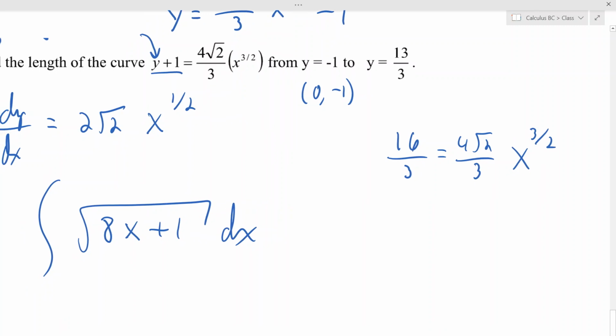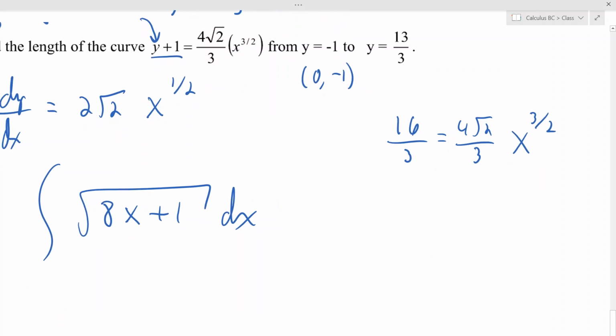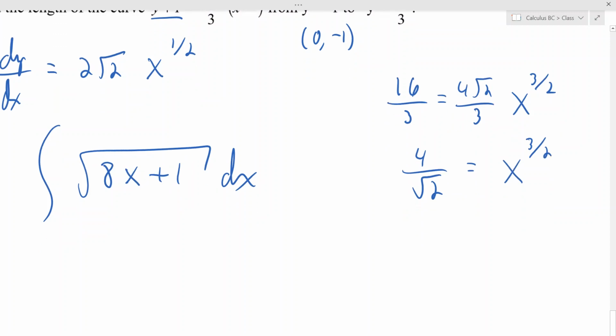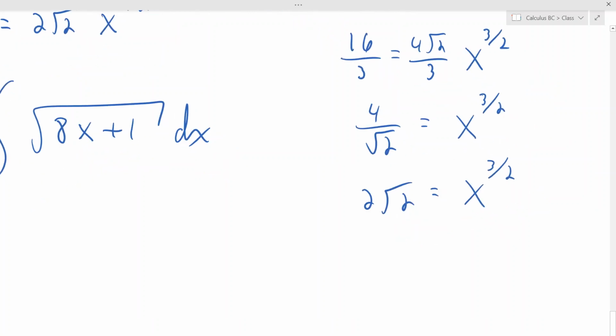Now you solve that. We're going to multiply 3 over, which cancels out the 3's. We're going to divide by 4 root 2. So we get 4 over root 2 equals x to the 3 halves. And we can rationalize that if we wanted to. Actually, that's just 2 root 2. And to get rid of 3 halves, I need to raise to the 2/3.